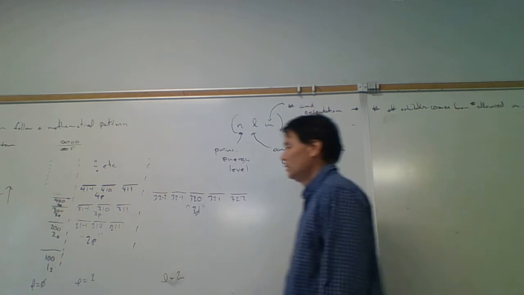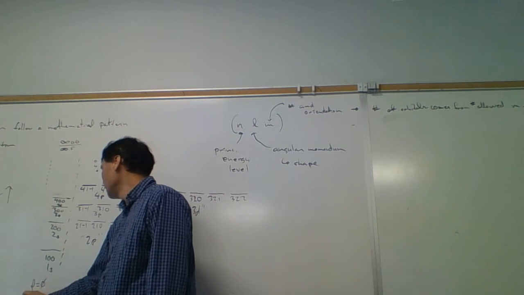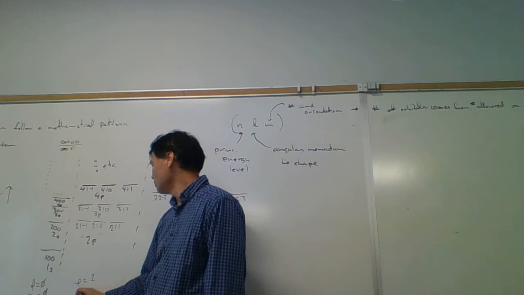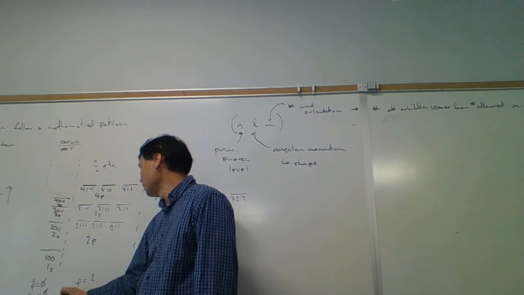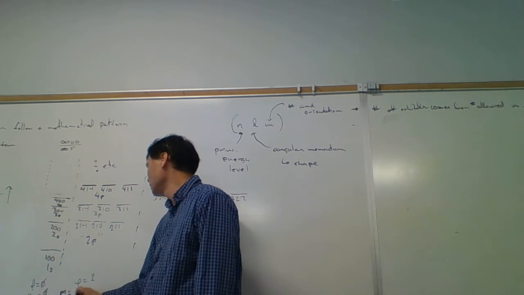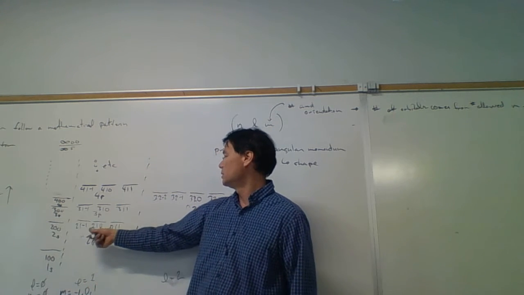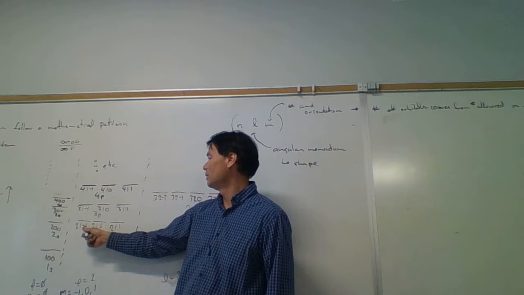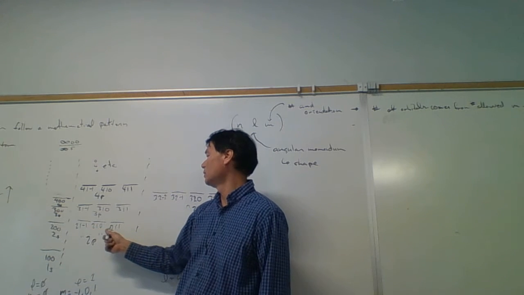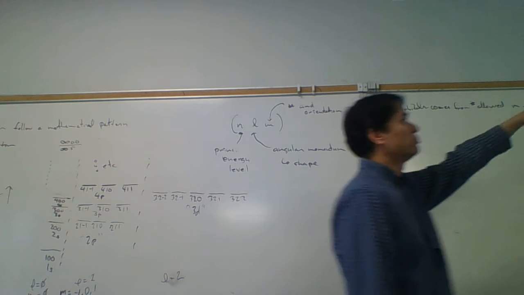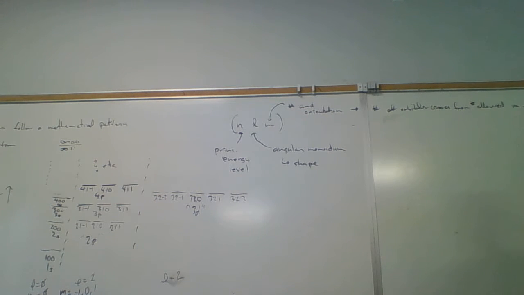So for example, if L equals 0, M only has 1 allowed value, 0. If L equals 1, then M has 3 allowed values, -1, 0, and 1. So here you can see when L equals 1, we have 3 allowed M values, -1, 0, and 1. Those are numerical codes for the px, py, and pz.